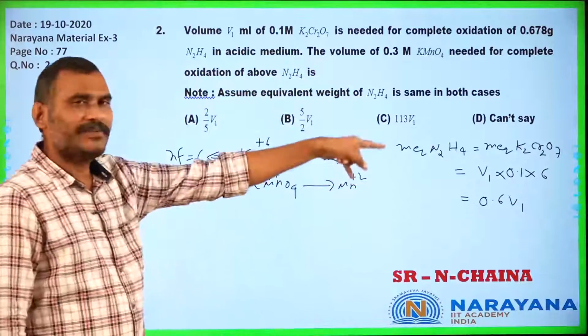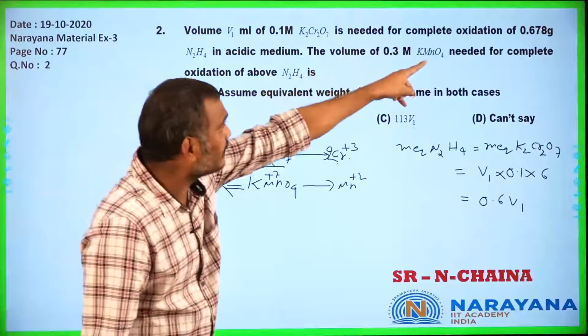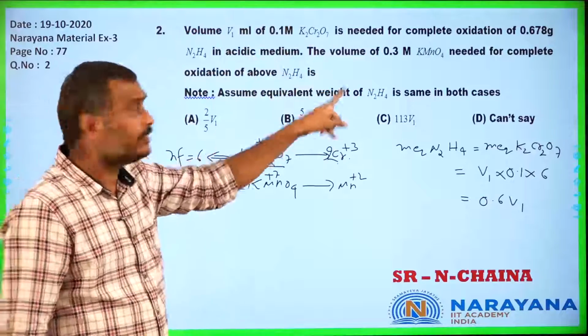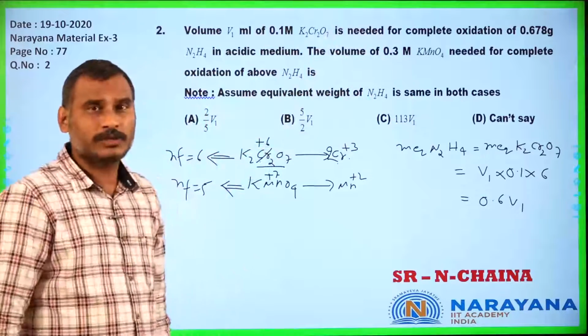This is the milliequivalents of N2H4 which is going to be oxidized by the given potassium dichromate solution.